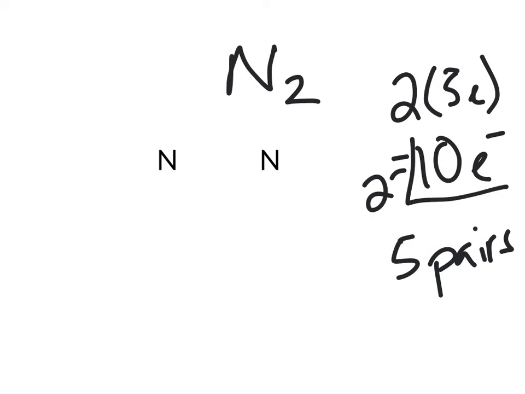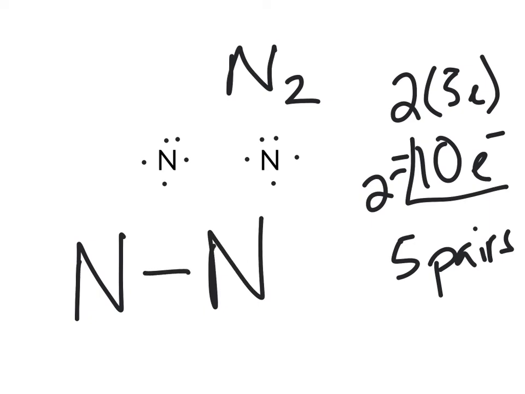So, once again, I start by drawing my electrons around my nitrogen just to show that it has 5. Then I draw my 2 nitrogens. I draw a bond in between, so that takes me to 4 pairs left. Then I place mine around. So I've got 1 pair, 2 pair, 3 pair, 4 pair.